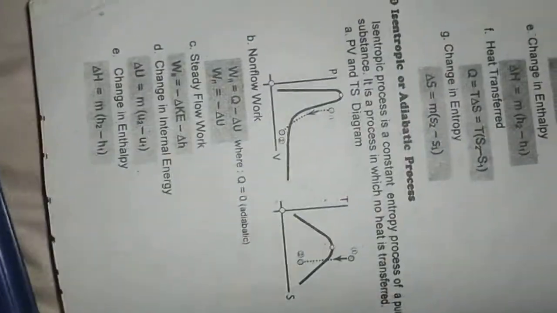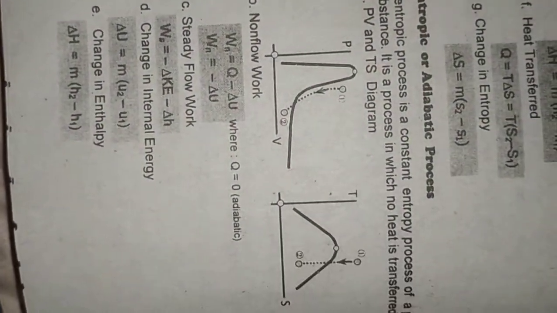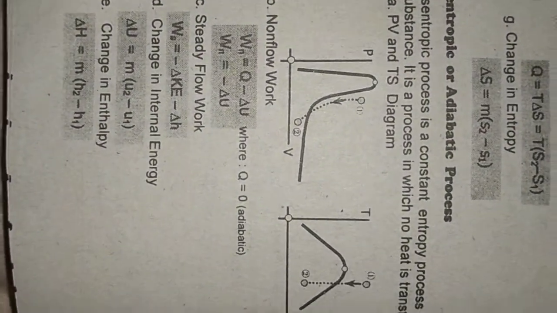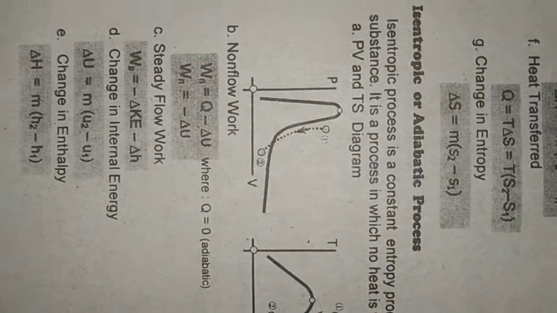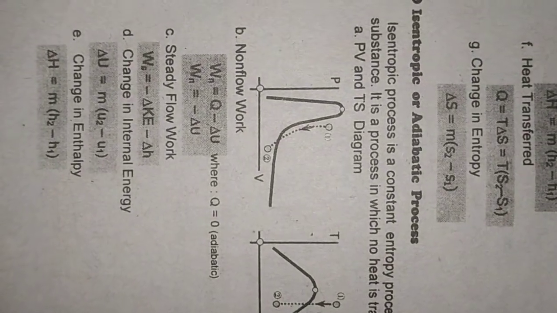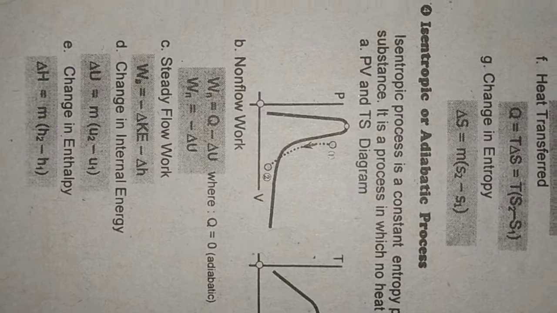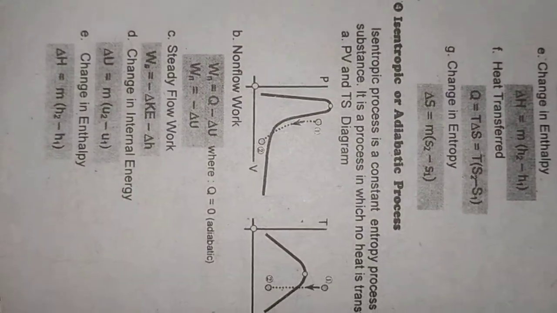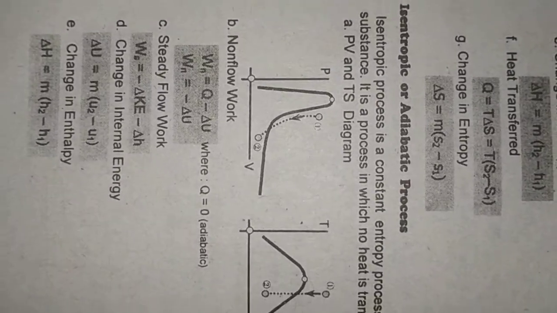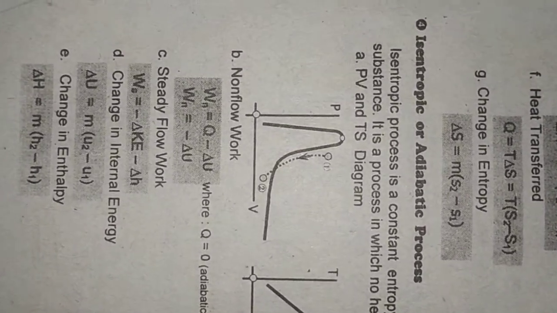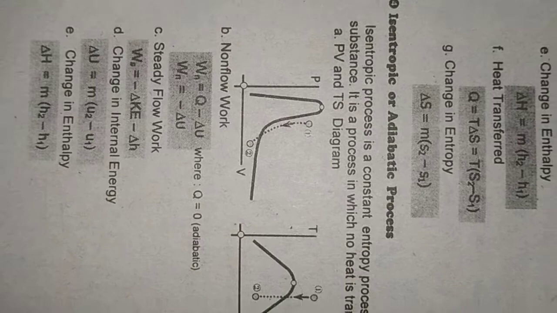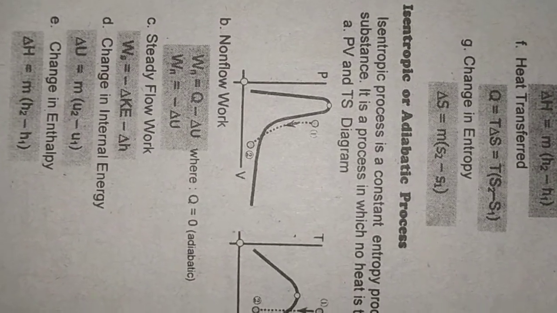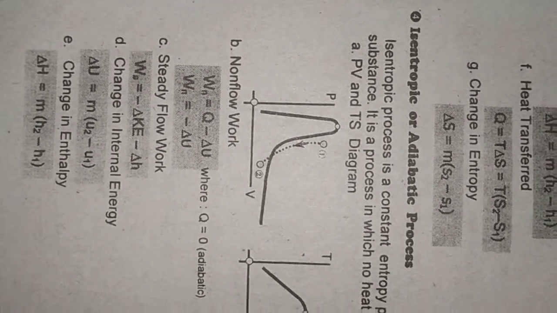Now for our formulas, let's go back. It's the same. For non-flow work, since Q is equal to 0, we have no heat, therefore the non-flow work is just equal to the negative of the change of internal energy. For steady flow work, since we have no Q, Q is eliminated, so what remains is usually the negative change in kinetic energy and negative enthalpy.